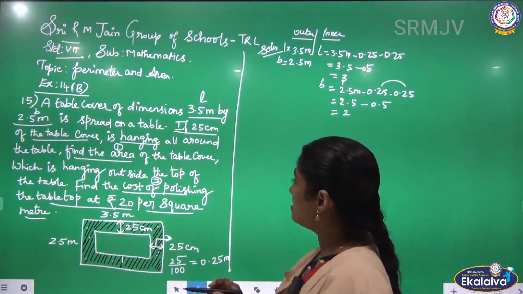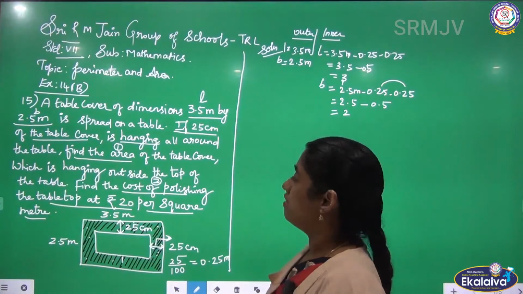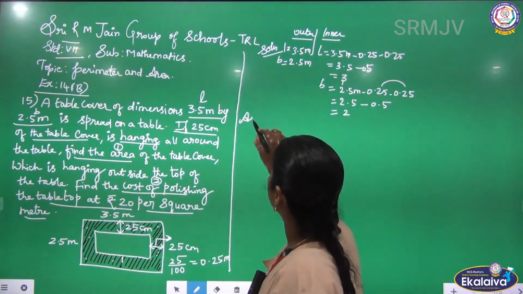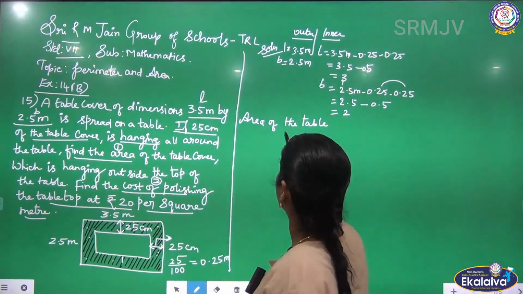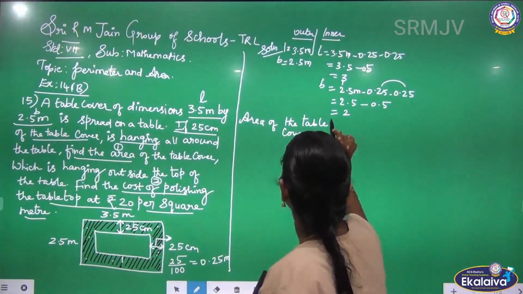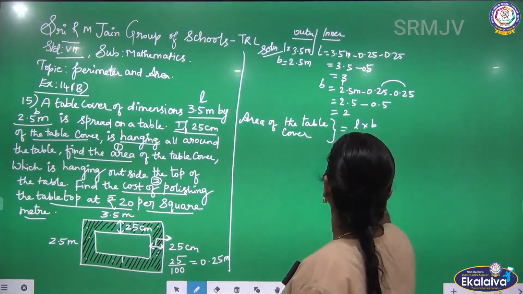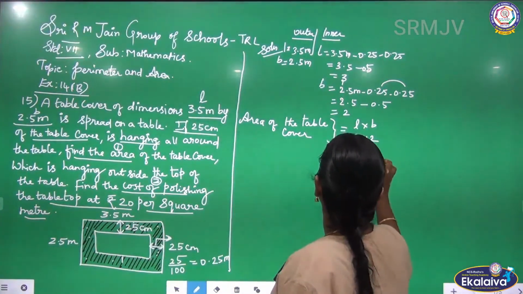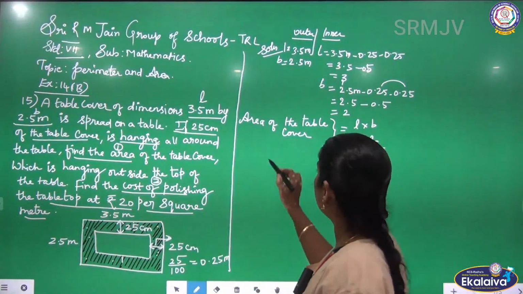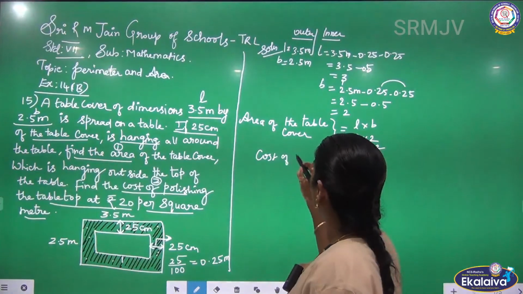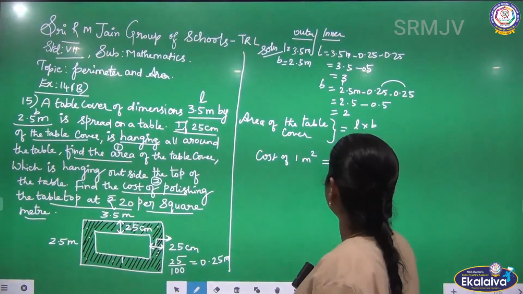Now listen, the first step, area of the table cover I am going to find out. Area of the table cover is length into breadth, which is 3 into 2, 6. What is the unit given here? Meter square. Okay. See, listen, cost of 1 meter square is what is given in the question? 20.